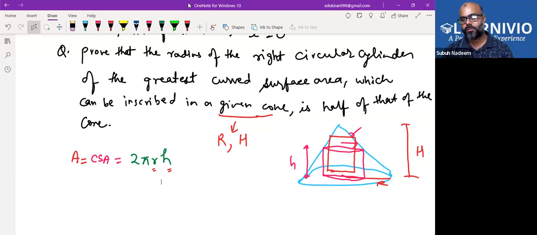Sir, what is the meaning of right circular cylinder? It is simply a cylinder. The normal cylinder which we study is called a right circular cylinder.